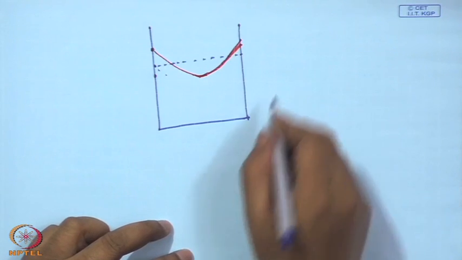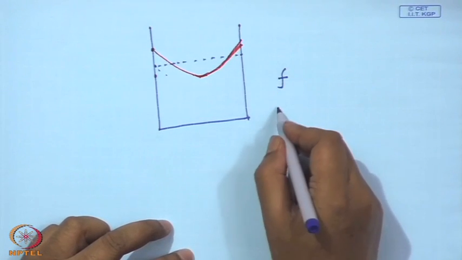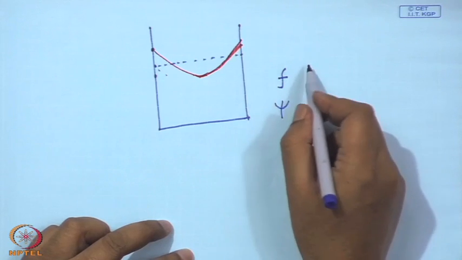Or let us say what is f, whichever is convenient to you. The force has two sources, the gravitational source and the other is the centrifugal. So, how much is f or psi? Tell me whichever you like, f equal to or psi equal to f. Okay. What is f?